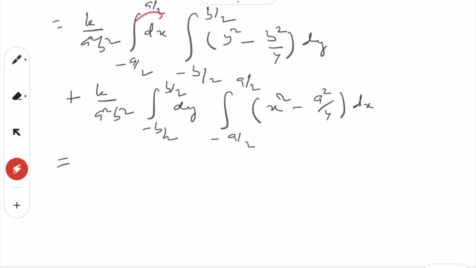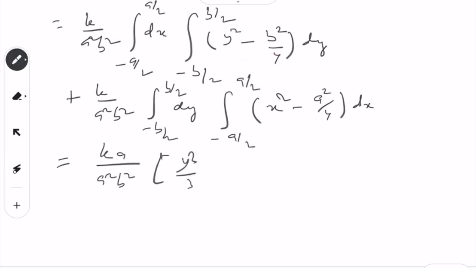So that will be equal to ka over a square times b square, and then this one is y cube over 3 minus b square y over 4, from minus b over 2 to b over 2.